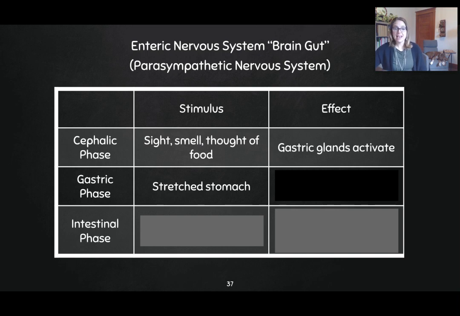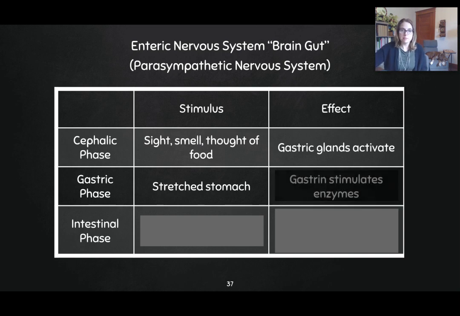All right, the gastric phase happens when the first bit of food hits your stomach. So that stretching that happens in your stomach, because your stomach shrinks and expands as it's empty until when it's full, a stretched stomach is going to stimulate the gastric phase.